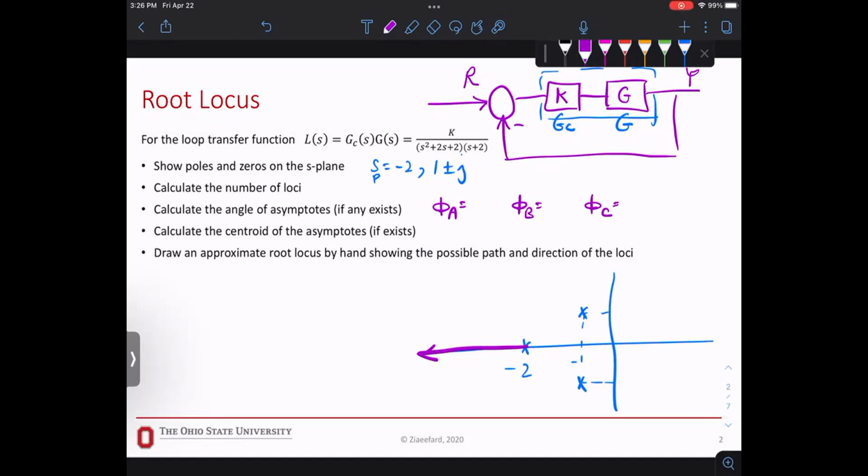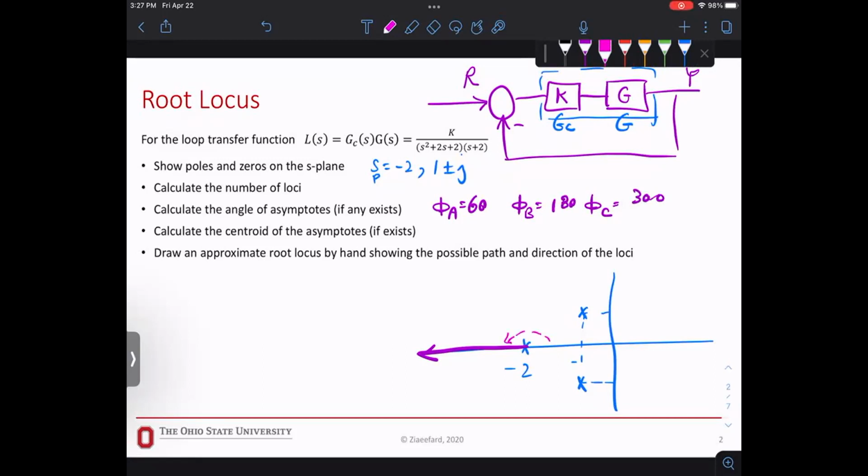All right. So we have 60, 180, 300. So this is that 180, right?